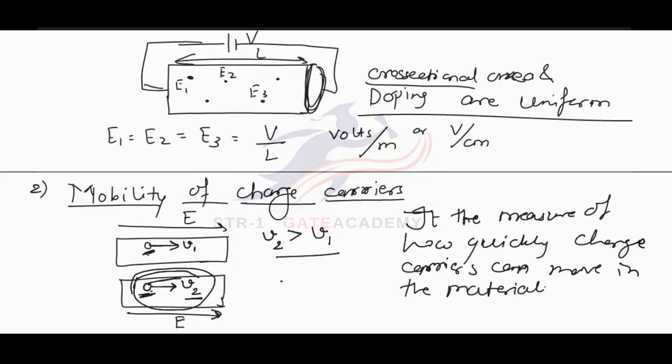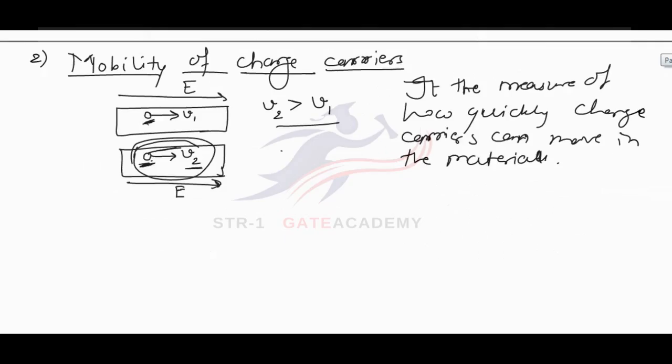How quickly charge carriers can move in the material. We have taken two materials, the same electric field is applied, then also the charge carrier in one material moves with greater velocity, then I can conclude that that charge carrier has greater mobility.